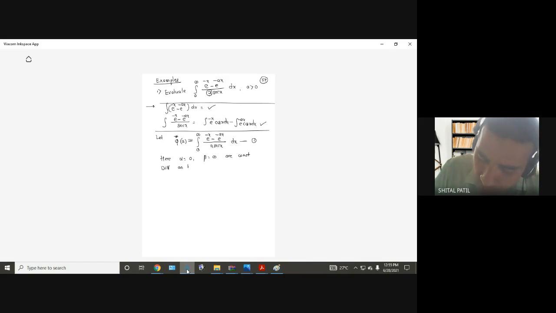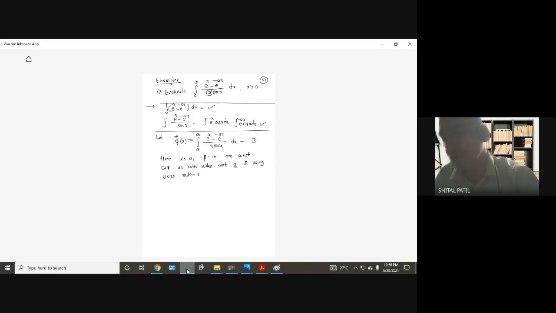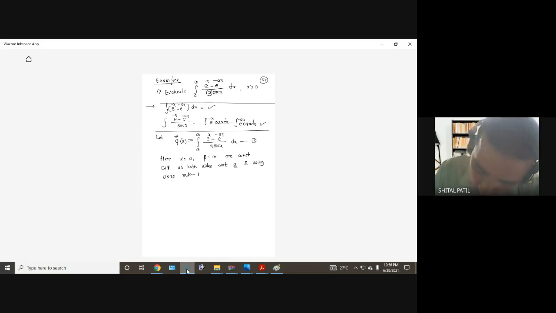differentiating on both sides with respect to a, and using DUIS rule 1. We have to use DUIS rule 1, so let's use it.